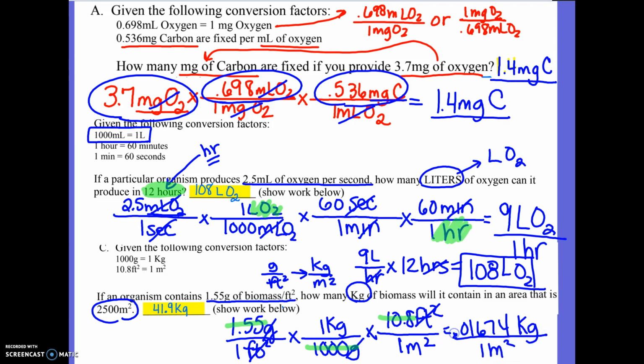But notice the question, they want to know how many kilograms would be in a total of 2,500 square meters. So I take my 0.017 kilograms per every 1 square meter times 2,500 square meters. My square meters will cancel, and this is where we get the 41.9 kilograms.